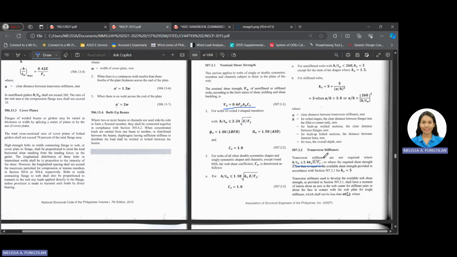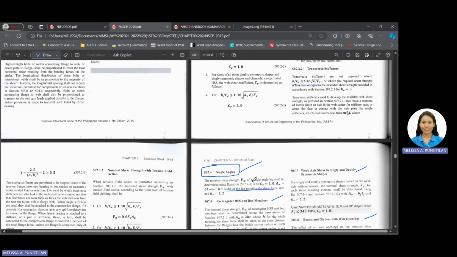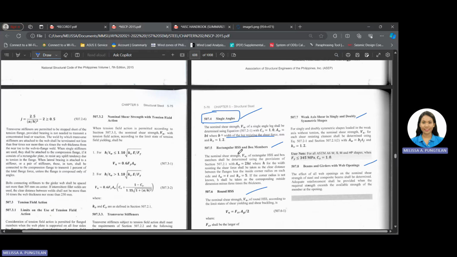So, hanap tayo. 507.4 kanina is channel. 507.5 is rectangular HSS and box members, round HSS. Okay. So, ang gagamitin natin dito is section 507.5 since our section is an HSS. That is considered as rectangular HSS.